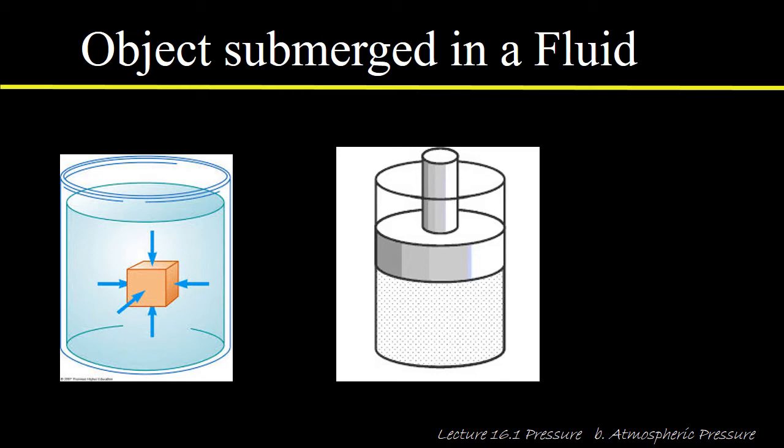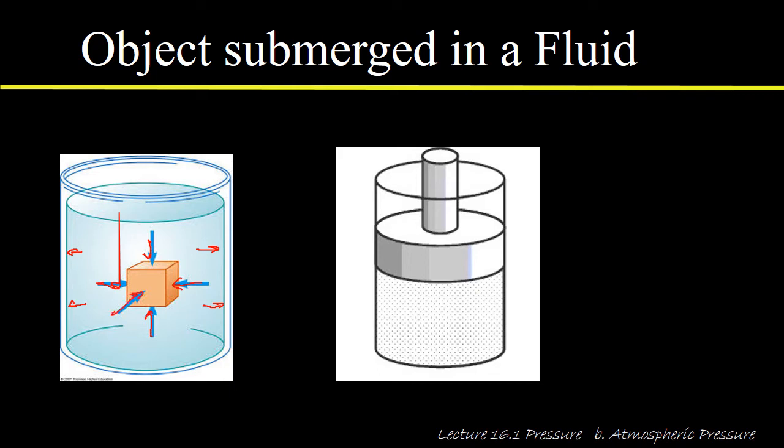All right, so in the last one we were looking at pressure on the outside surfaces of a fluid, a liquid, or a gas, right? But if you have something submerged in a liquid, the liquid exerts pressure on the outsides of its container, but it also exerts pressure on anything that's submerged within it, right? And that's true of liquids, and it's also true of gases.